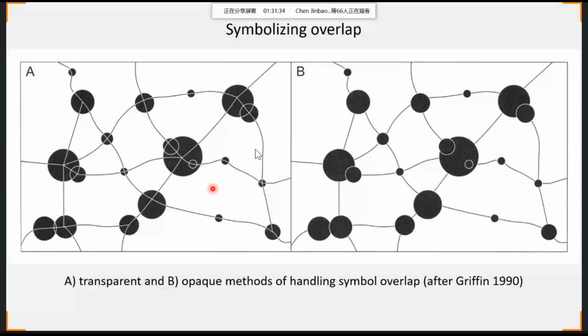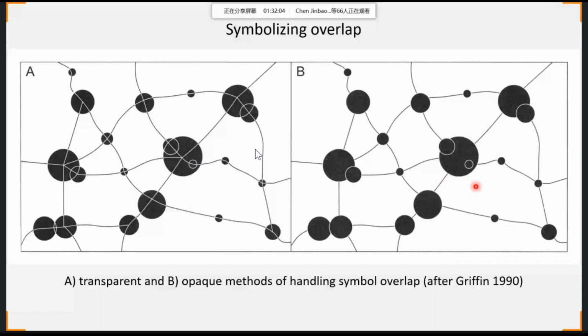So the smaller the circle, the nearer the circle is to the viewer of the map, to the map audience. So you draw the smaller ones on the larger ones, which is just logical, because if you draw this one behind the large one, you cannot see it. In this solution here with transparency, yes, you can still see it. But here with the opaque method, you would not see it.